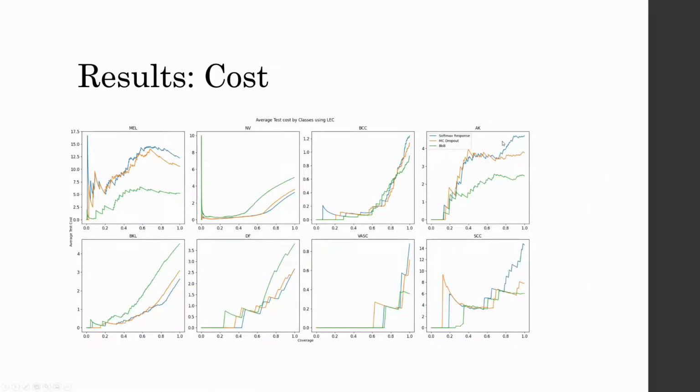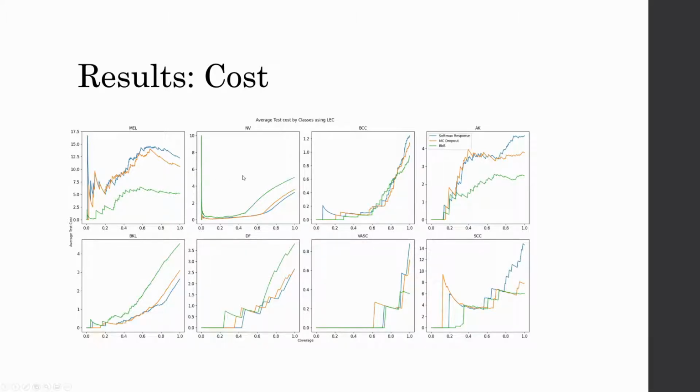And if we break this down by class to get a little bit more intuition, we can see why. Bayes by backprop performs remarkably well on the classification of melanoma, one of the very costly misclassifications. It's also worth noting here that if our populations change, then perhaps these results could change as well. Because particularly, we notice that Nevi, despite the fact that it is the largest number of samples in our data set, Bayes by backprop performs worse on this.